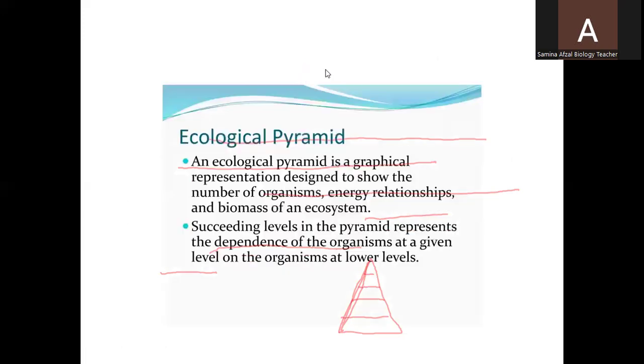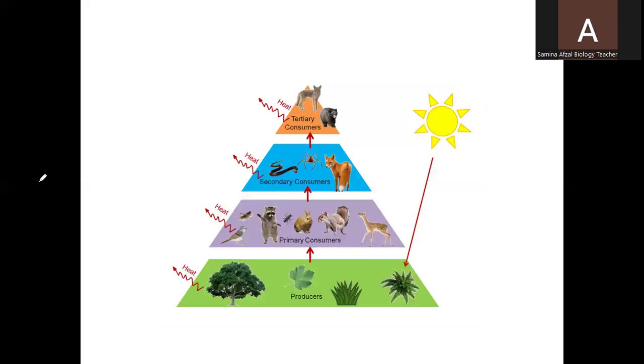In an ecological pyramid, again, the graphical representation. You can see over here, the producers will always be at the base of the pyramid, and these producers will be eaten by the primary consumers, and primary consumers will be eaten by the secondary consumers, and then tertiary consumers.